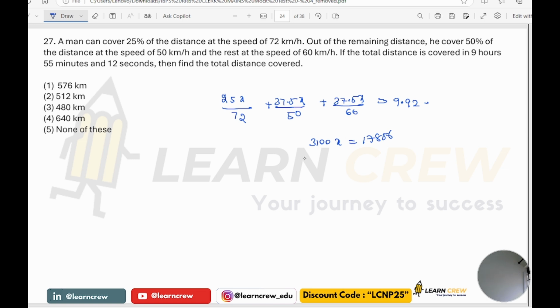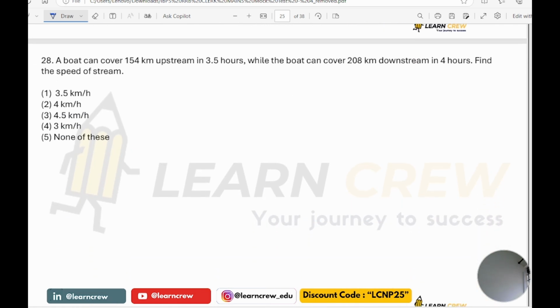Thereby, I am going to get x as 5.76. And I need the total distance 100x, which is 576. So, answer is 576.